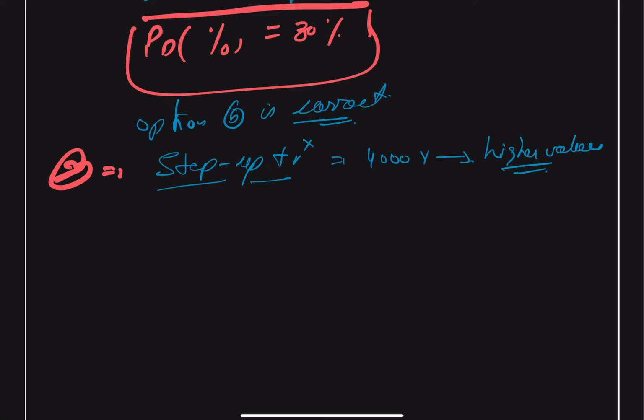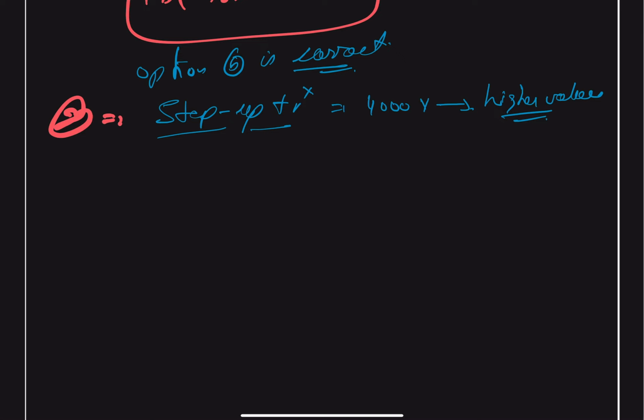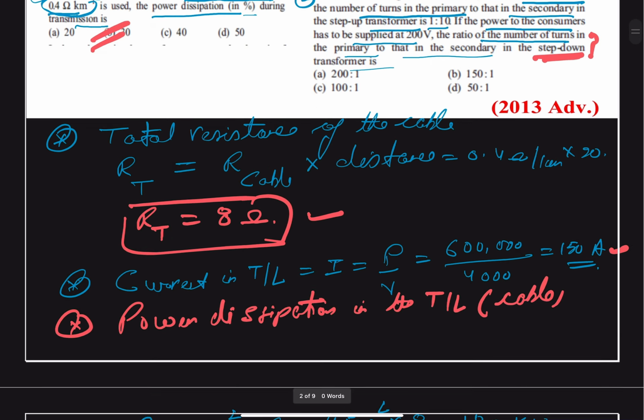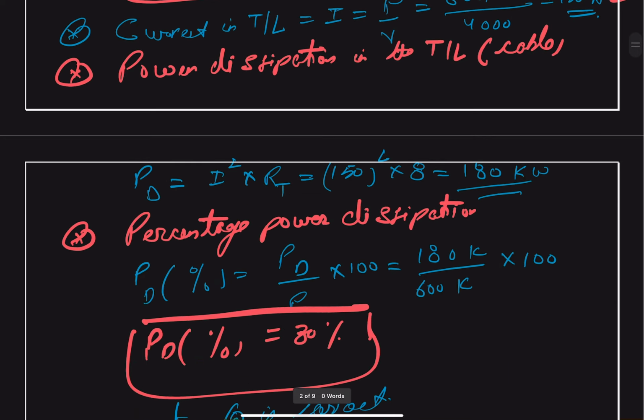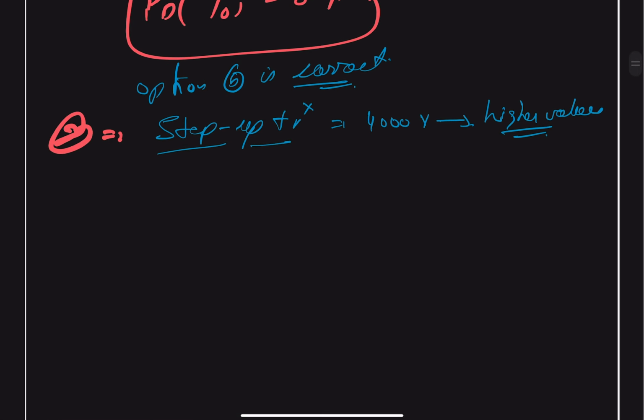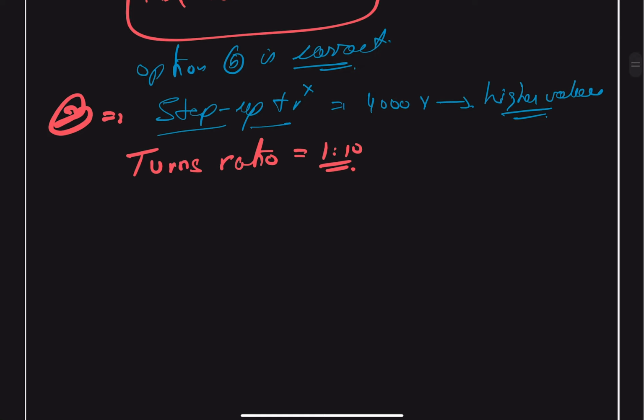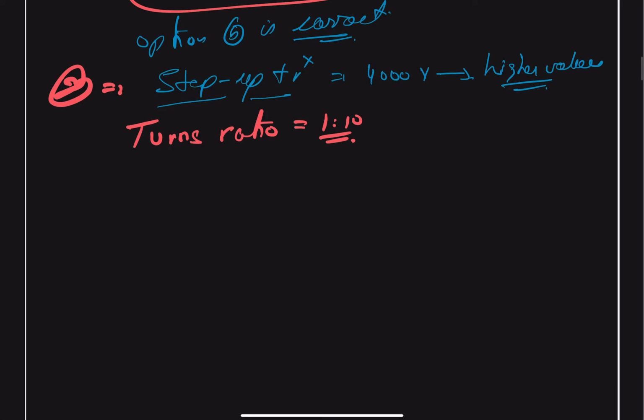And the ratio is given as, I think it is turns ratio, let me check. Yeah, turns ratio is given as 1:10.